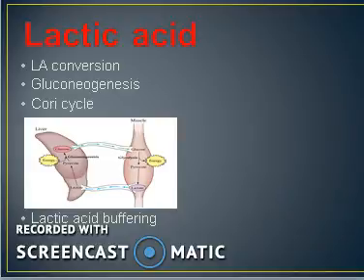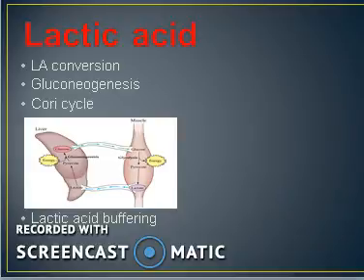So 65% of lactic acid is converted to pyruvate, and 5% of it is converted into glucose, which is part of gluconeogenesis. And 20% of lactic acid is converted into glycogen, which is then stored in the muscles.